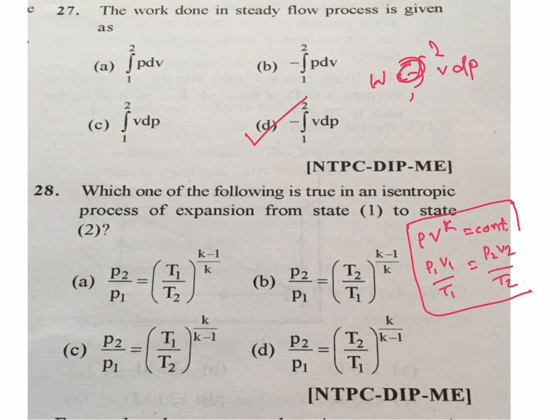By using these two equations, you will get P2 by P1 equal to (T2 by T1) whole to the power k by (k minus 1). So from options, D is your correct answer.